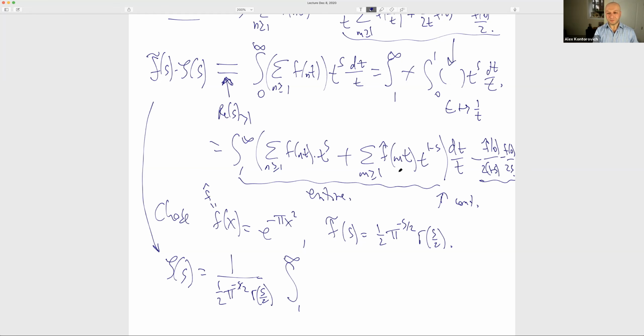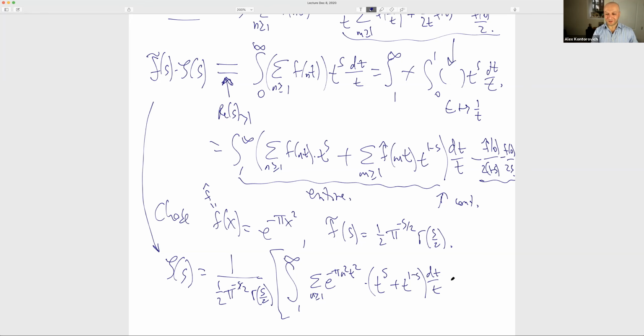It's even, its own Fourier transform. So this is times an integral, so a sum over n bigger than 1 of e to the minus pi n squared t squared, because that's what this evaluates to, times these contribute the same thing. So there's just the t to the s plus t to the 1 minus s, dt over t.